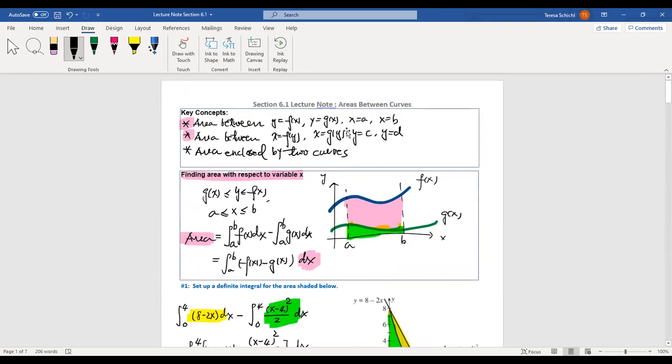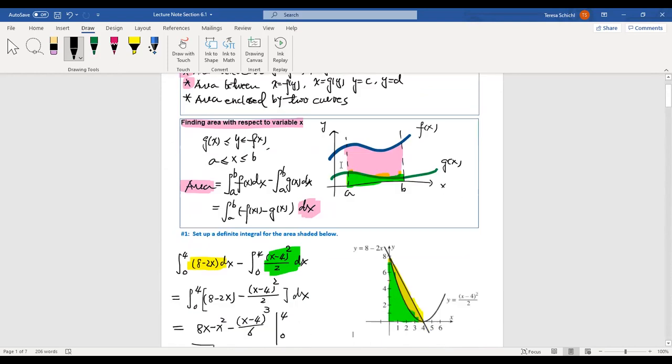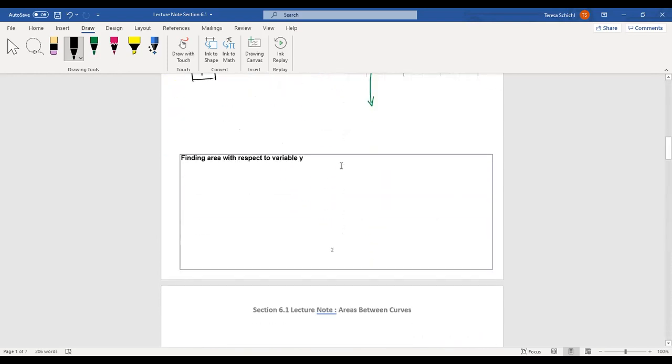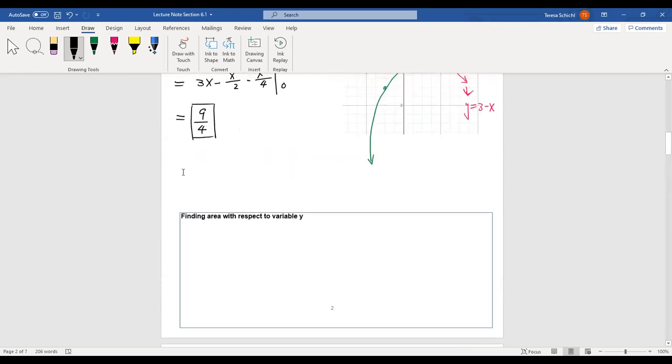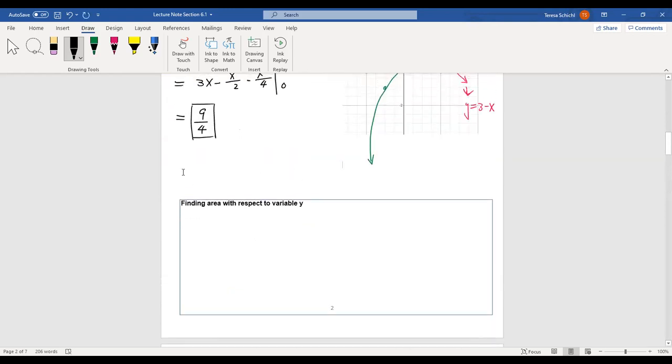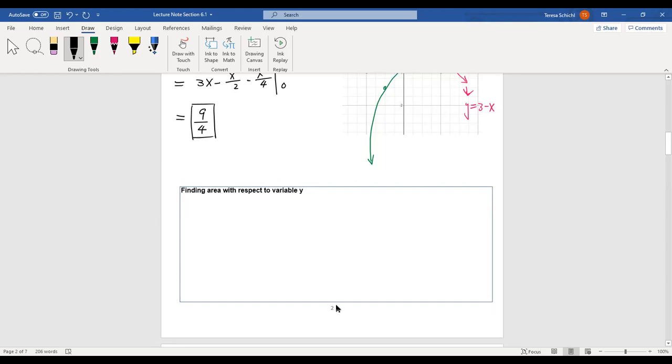How do I find the area between y equals f of x and y equals g of x? Okay, so now let's take a look at what we mean by finding the area with respect to the variable y. So this is the situation.